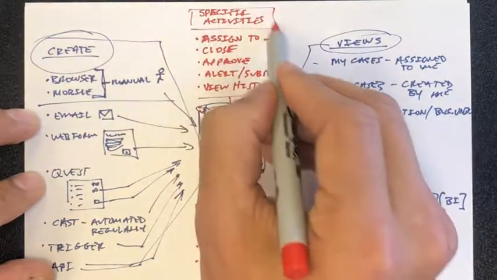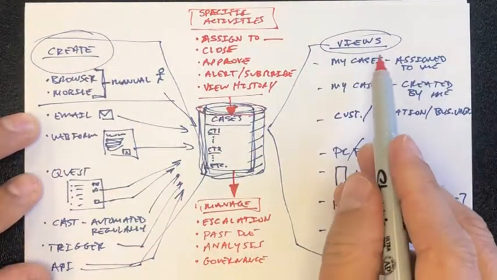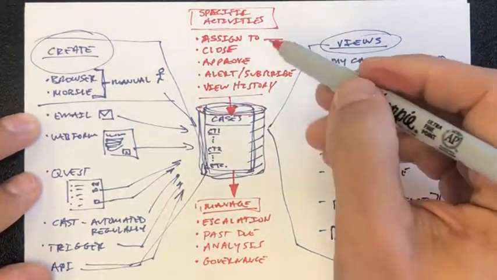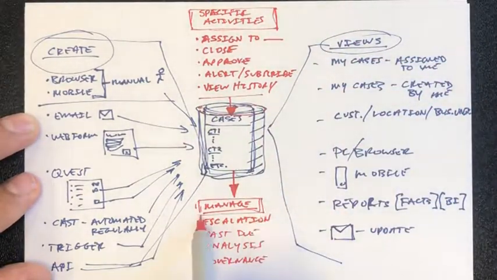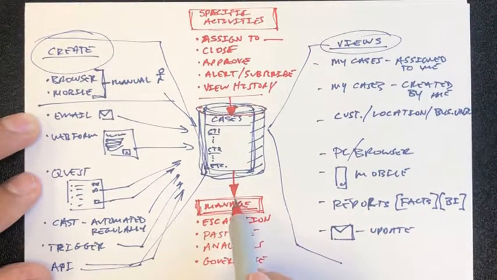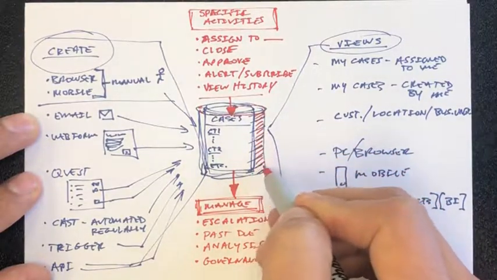So this is the world of cases: we're able to create cases, we're able to look at cases, and because they're all in one place, we can do a common set of things to them, and we can manage the system and the caseload and everything that's going on in there with a common set of approaches. And that's cases, and there'll be more details in other areas, but that's the quick overview.